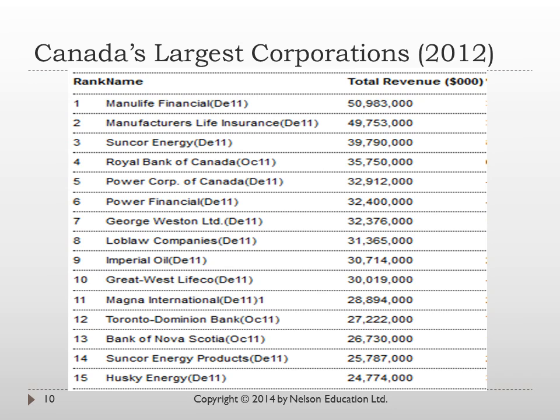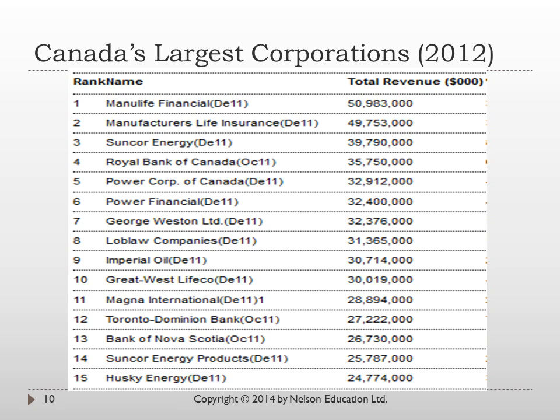Oftentimes when we think about corporations, we think about large corporations. These are the ones we hear about in the news all the time, and there are some very large corporations. Here's a list for 2012 of some of Canada's largest corporations, that have huge revenue bases, and you're probably familiar with most of these. However, there are many small corporations in Canada as well.